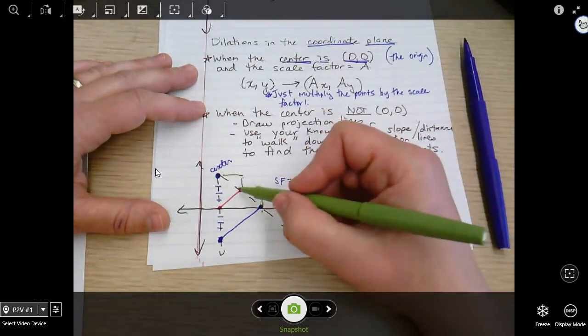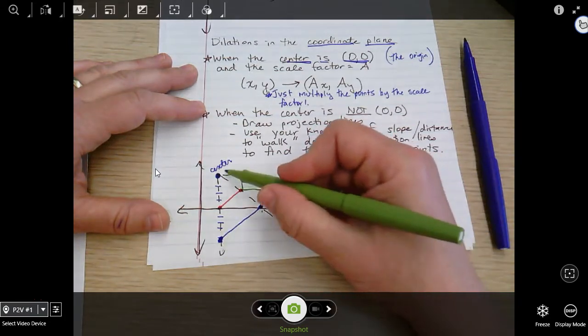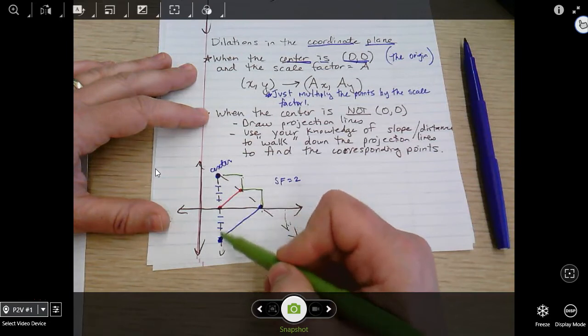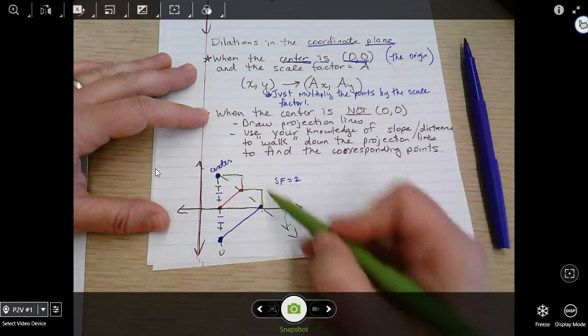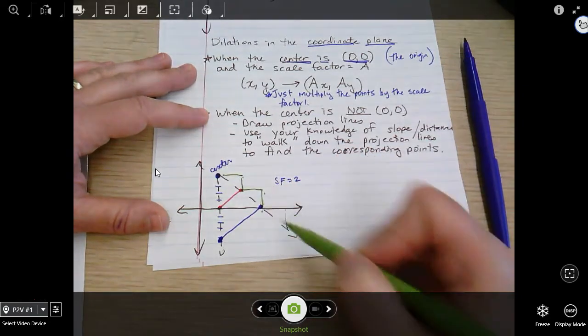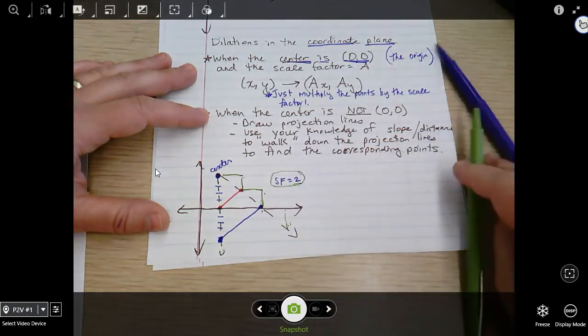Just remember, don't count on the diagonal. You can only count vertically and horizontally. If it's vertical or horizontal, you just count boxes, but if the projection line is diagonal, do the run and the rise, the run and the rise. And you double or triple it depending on the scale factor.